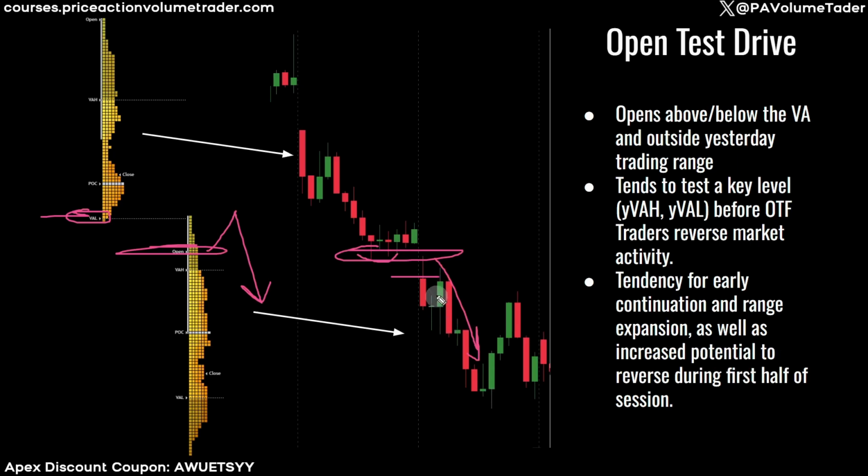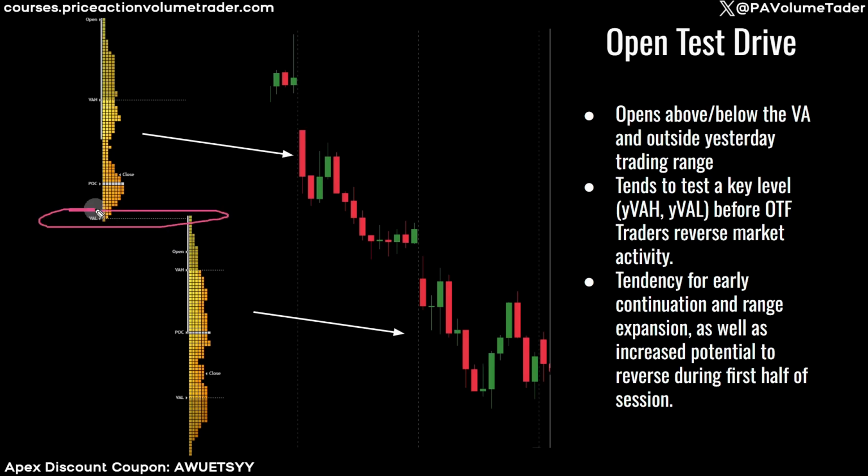But then you can see we did get into a point here right around the lunch hour time, where market actually reversed, and then we just finished off right inside of the valley area for the day. Okay, but the main thing again to know with the open test drive is that we'll generally open outside of the valley area of the previous regular trading session, and we're going to pull back and test some significant level.